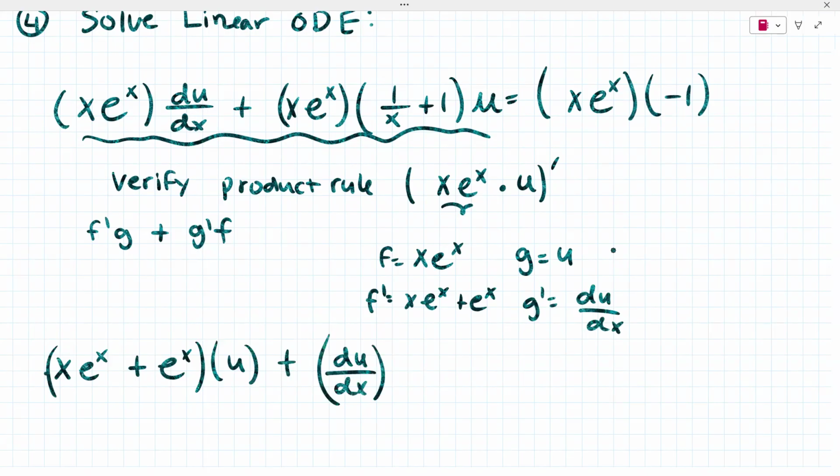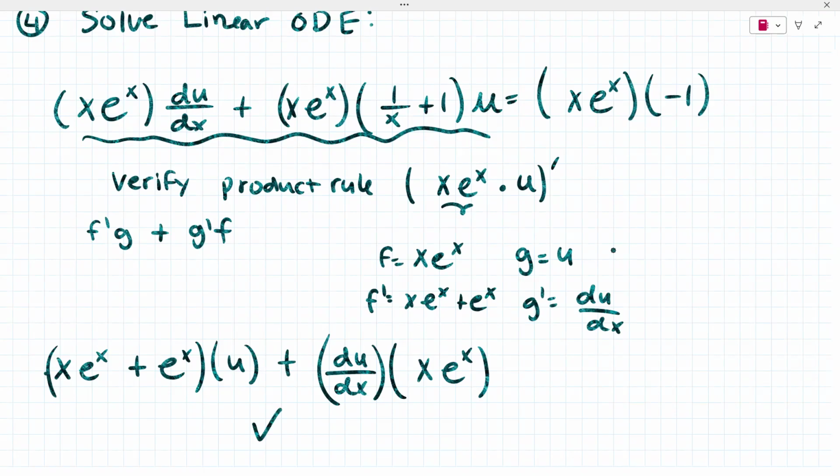And then my f is x e to the x. So does this equal this? I believe so. Yes, it does. So basically, if you FOIL this out, you're going to get this. So we have verified. That means we did not make a mistake.